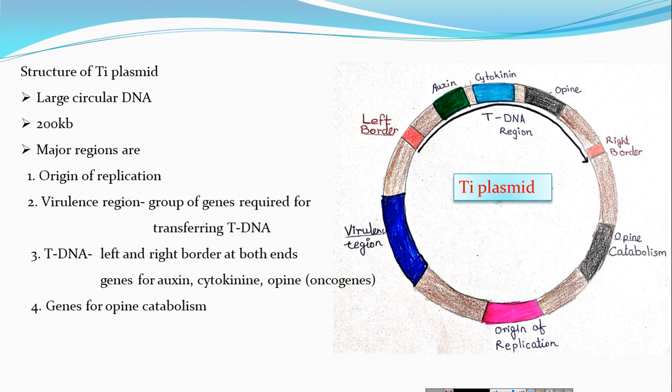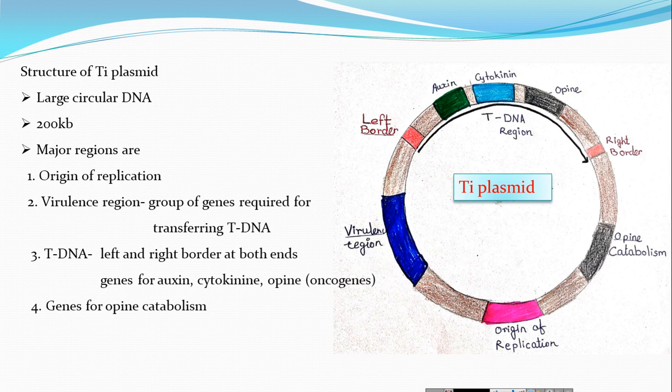The next type of plasmid is the Ti plasmid. These Ti plasmids are large circular DNA molecules, and their size ranges from about 200 kb in length, mostly about 1.2 × 10^8 base pair. They exist in a bacterial cell as an independent replicating genetic unit.